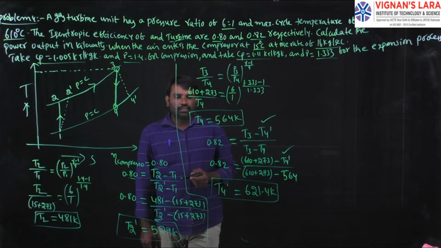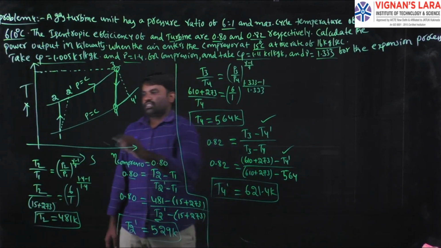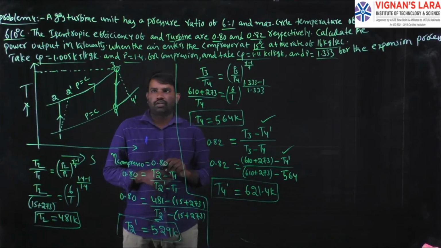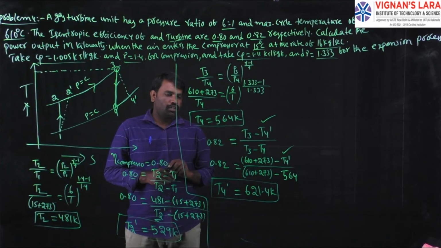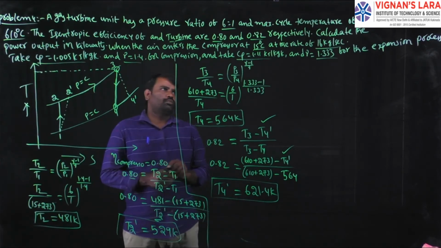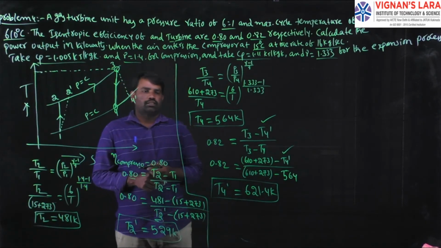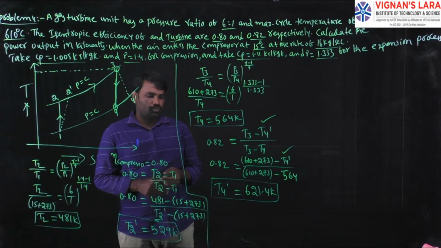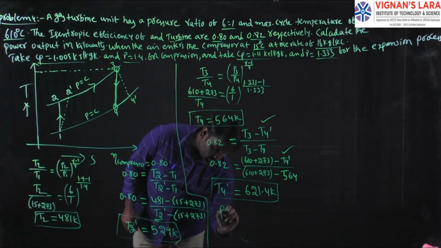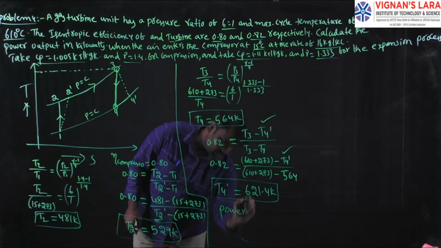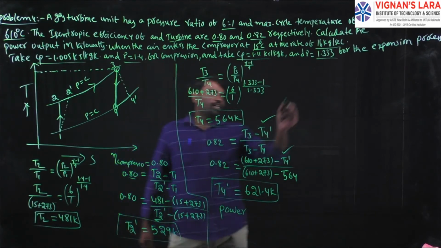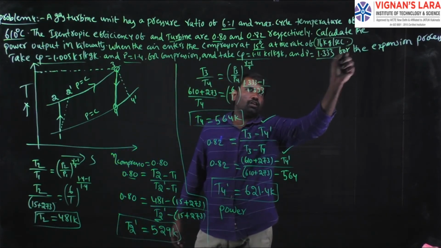After calculating all the temperatures in the cycle, T1, T2 dash, T3 and T4 dash, we have to evaluate the final terms. In this problem we have to calculate the power output in kilowatts. What is the formula for power output? The mass flow rate is given, 16 kilogram per second.